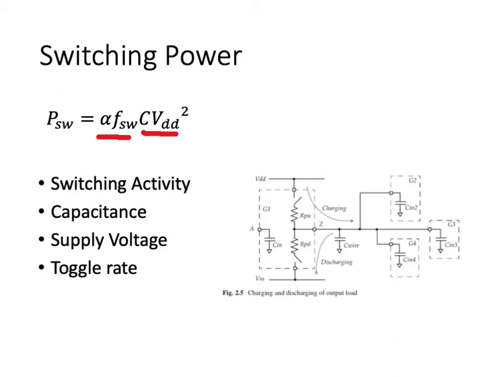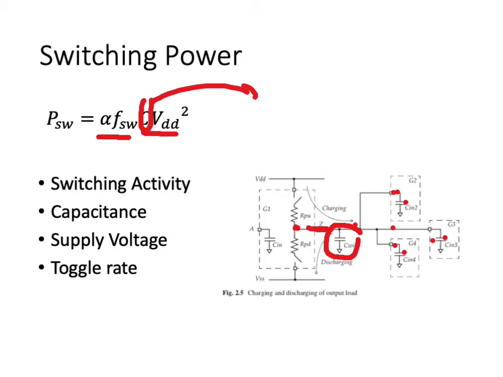Say for example from this inverter gate here, that is the switching power on this net, where the capacitance here, C, is given by the total capacitance of the depletion of parasitic capacitance at the output node here, the wire capacitance, as well as the sum of all the capacitance of the input gates that are connected to the wire. So this C here is the depletion capacitance at the output plus the total wire capacitance plus the sum of all input capacitances of every gate connected to that particular net.